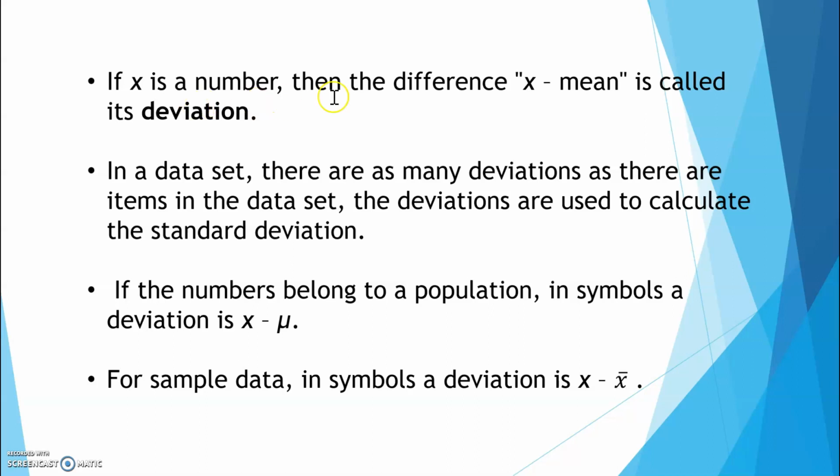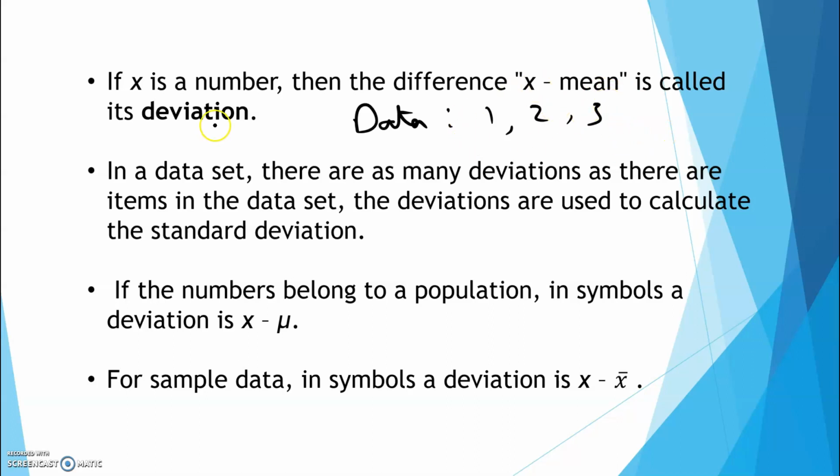Now if we look at X minus mean, or a data value minus the mean, that is called a deviation. Say you had this data set: 1, 2, 3. Each one of these would be an X value. So I would find the mean of this, and I would do 1 minus the mean, 2 minus the mean, 3 minus the mean.